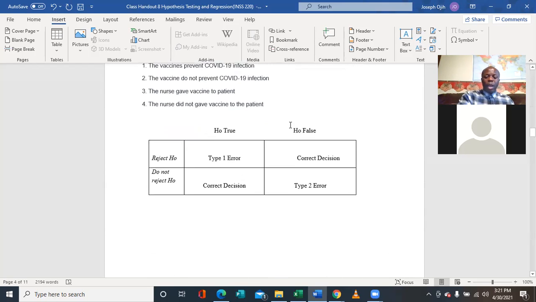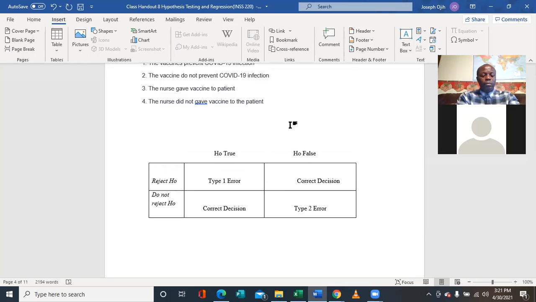So in this case, the null hypothesis, which is our H0, might be: the vaccine does not prevent COVID-19 infection.